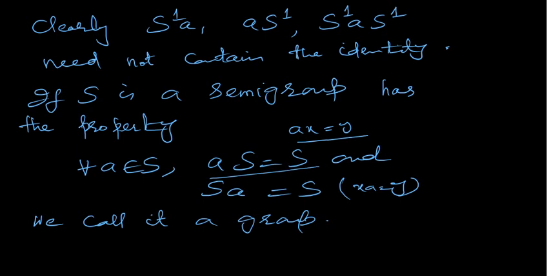A semigroup S is a group if and only if both these equations have a solution in S. This is the same. And you know the actual definition of a group: it is closed, it is associative, and it possesses an identity, and an inverse of each element exists.